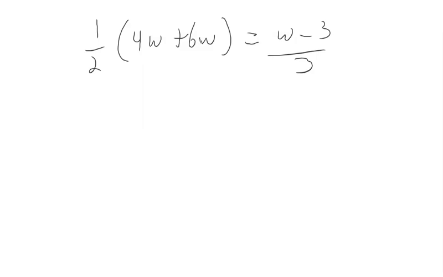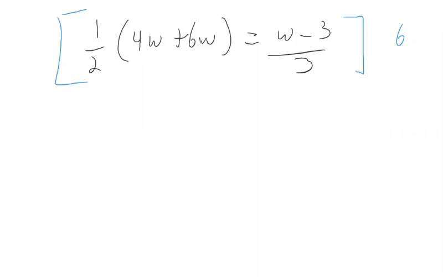If I find a number that both 2 and 3 can go into, in this case 6, and I put this whole thing in brackets, I can multiply this entire thing by 6. By multiplying it by the least common multiple that we learned earlier, I can get rid of the fractions.